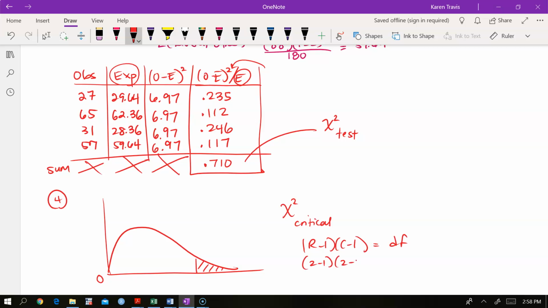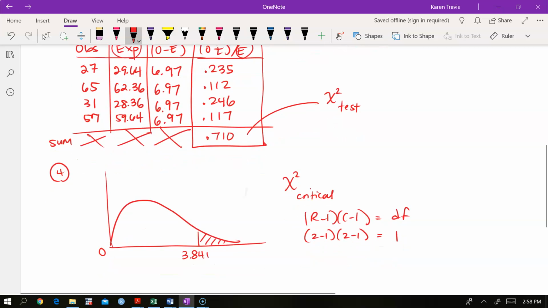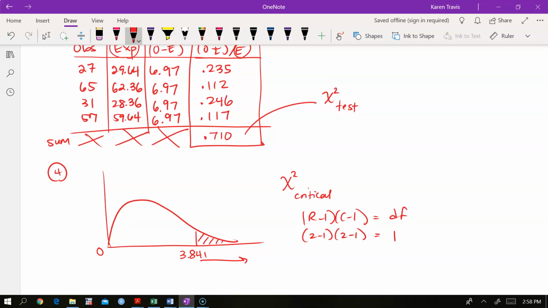We had 2 rows and 2 columns, so we only end up with 1 degree of freedom. With 1 degree of freedom, our critical value is 3.841. Once our test statistic is past 3.841, we would reject the null.